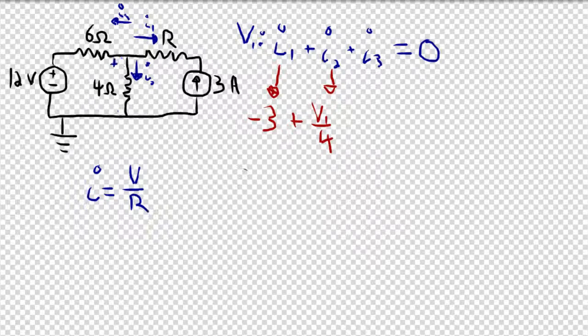Now, what's this voltage, you may wonder? Well, that voltage is the voltage of the reference node plus 12. So all we have to do is go V1 minus the voltage of the reference node plus 12 over the resistance of the branch, 6.